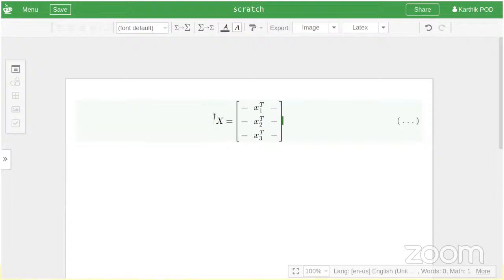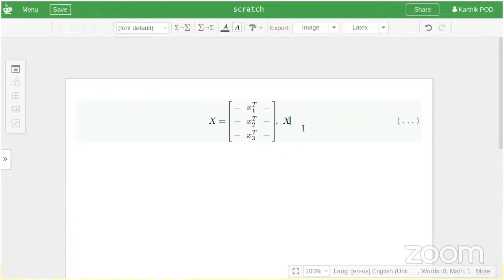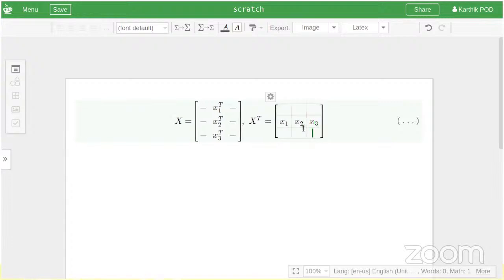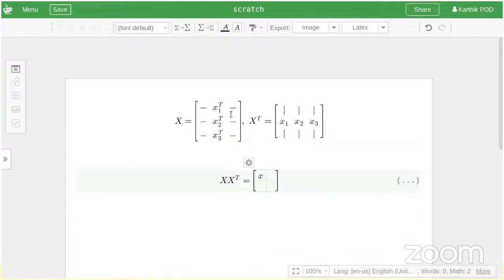These are all rows of the feature matrix. Now X transpose will be something similar, but with x1, x2, x3 as columns. If I want to do X into X transpose, what will it be? Can someone tell me what the first element of this matrix will be?